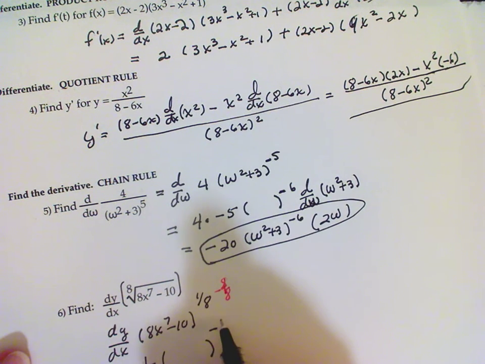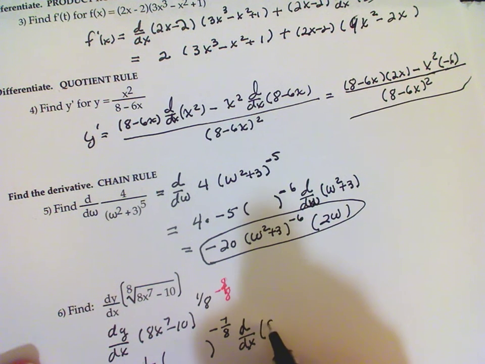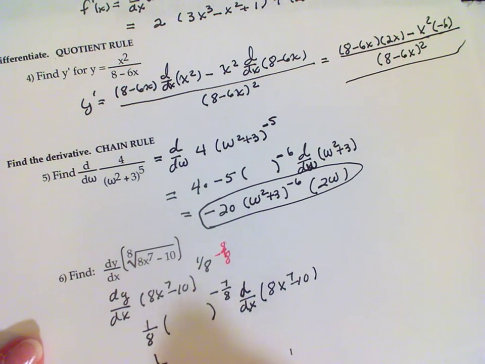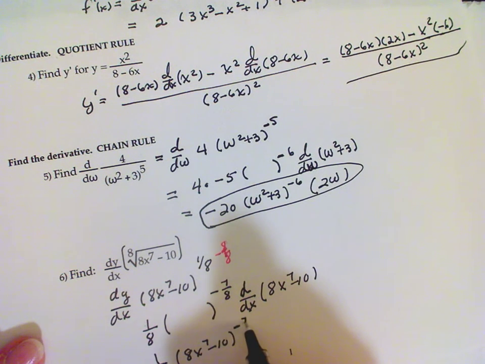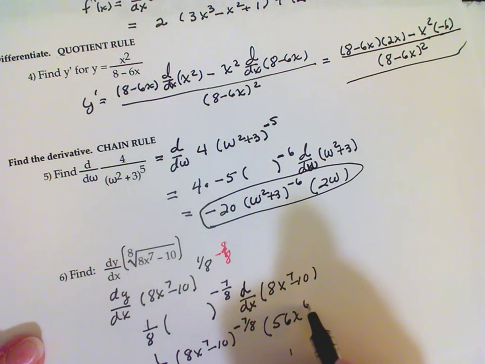So it's going to be minus 7/8 times the derivative inside, which will give me 1/8 times 8x to the 7 minus 10 to the minus 7/8 times the derivative inside, which is 56x to the 6th.